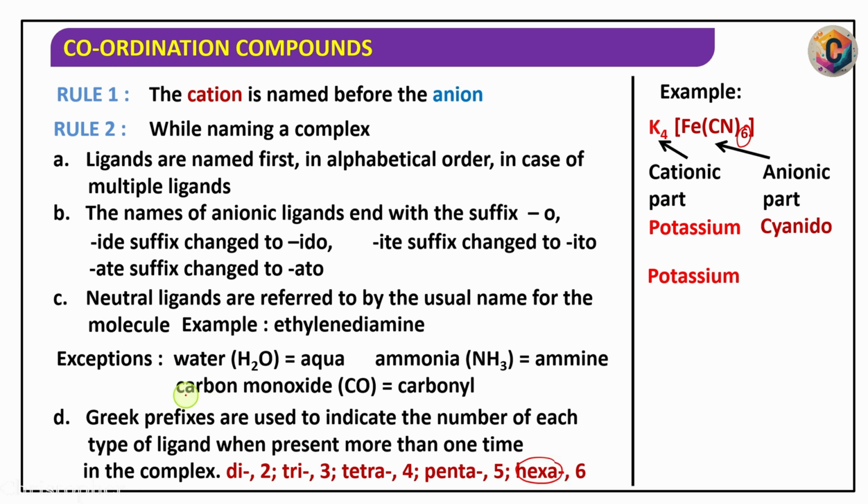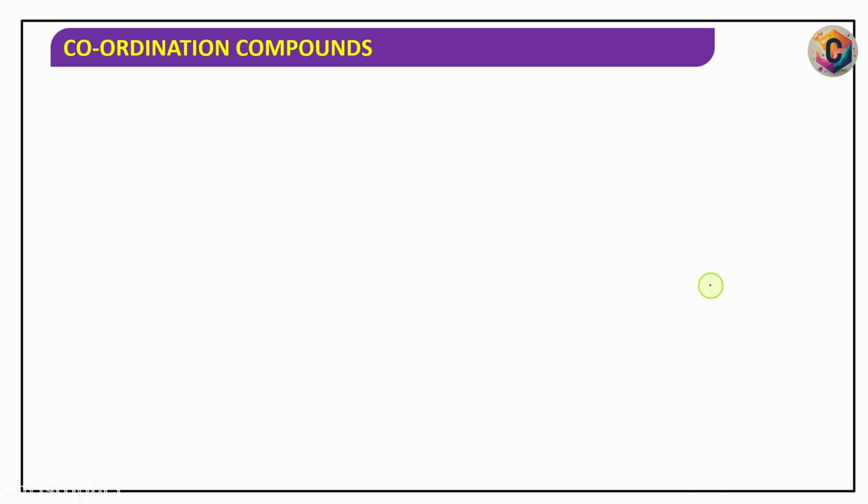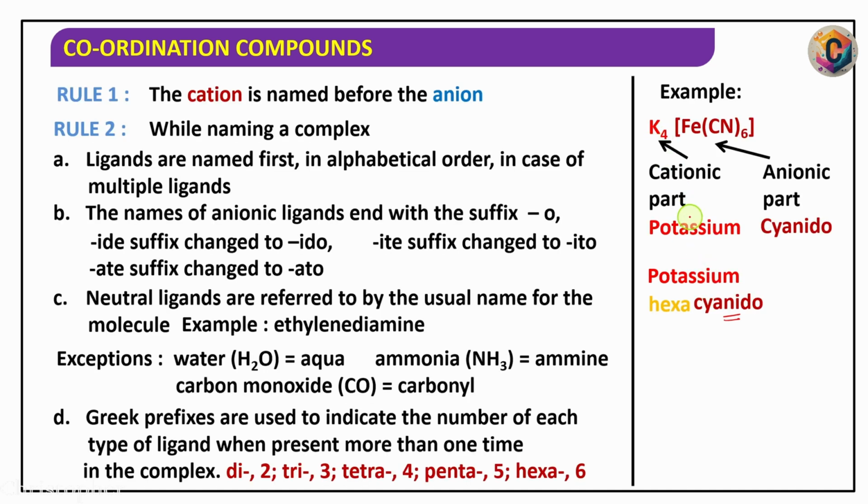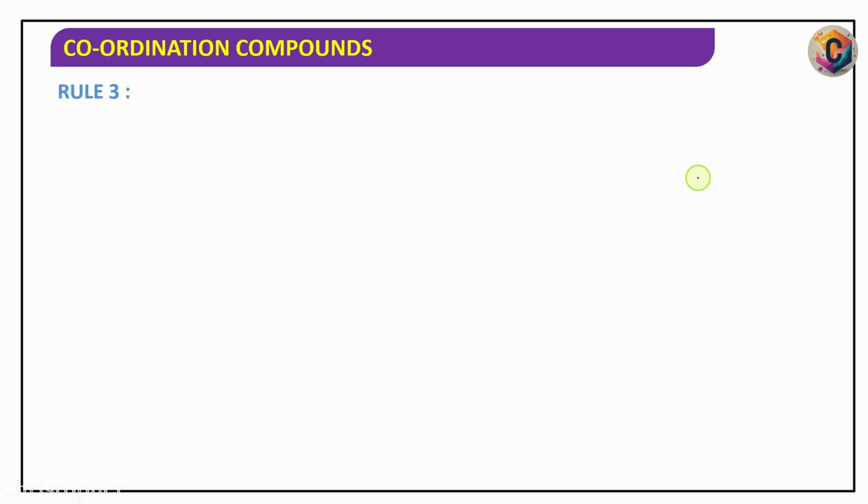This has to be written before the name of the ligand. So before cyanido, I have to write hexa. So far I have completed naming the cation part, and then I have named the ligand. Don't forget, when you write the complex name, the ligand name should be written first, followed by the metal name.